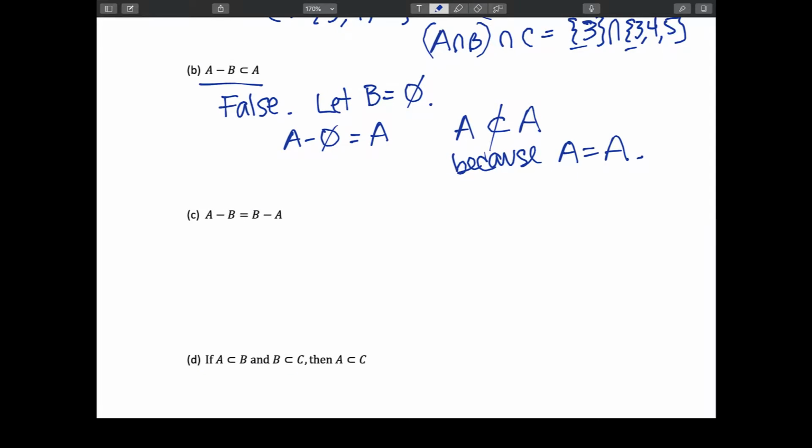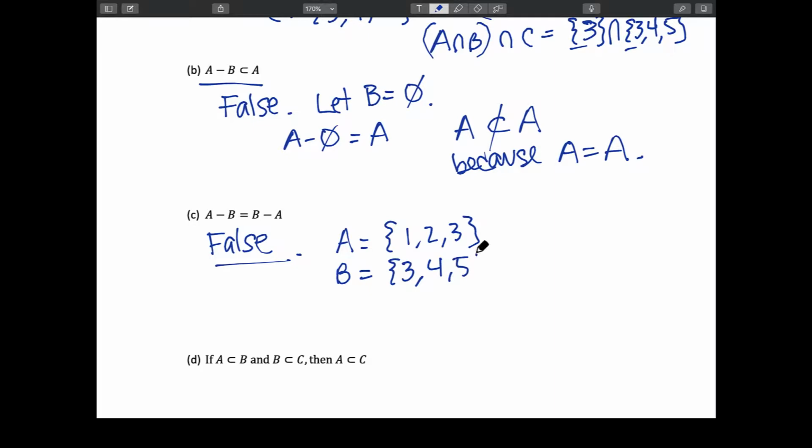Now, what about A minus B and B minus A? This is a problem. We know this is a problem. This is false. And this is false. Let's let A equal the set 1, 2, 3, and B equal 3, 4, 5.